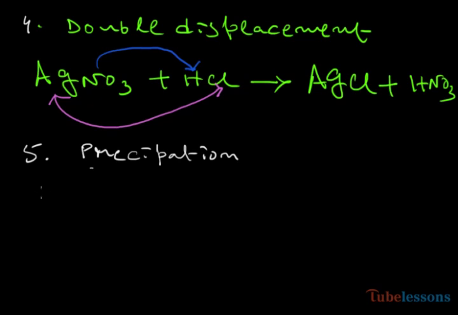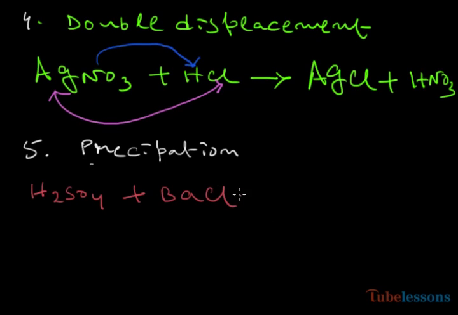As for example, when dilute sulfuric acid reacts with barium chloride, barium sulfate and hydrochloric acid are formed.